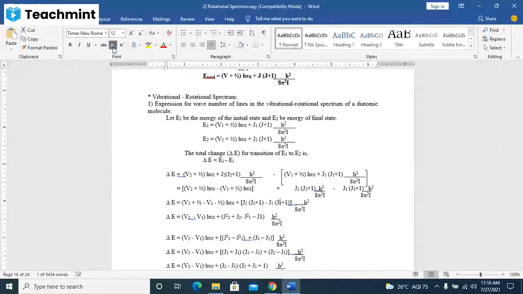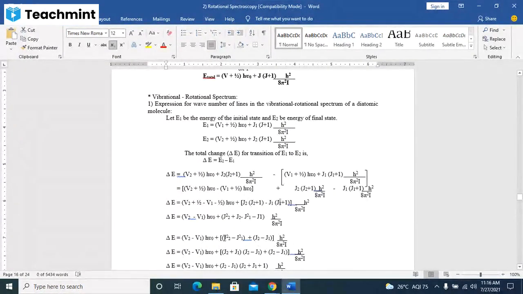Okay, then once you simplify this, we can multiply J2 to this bracket: J2 square plus J2 minus J1 square minus J1 h square upon 8 pi square I. See, once this situation is there, what we can do? We can do J2 square minus J1 square, and J2 minus J1, in two brackets. Then delta E is equal to V2 minus V1 h nu 0. This bracket will be there, h square upon 8 pi square I.